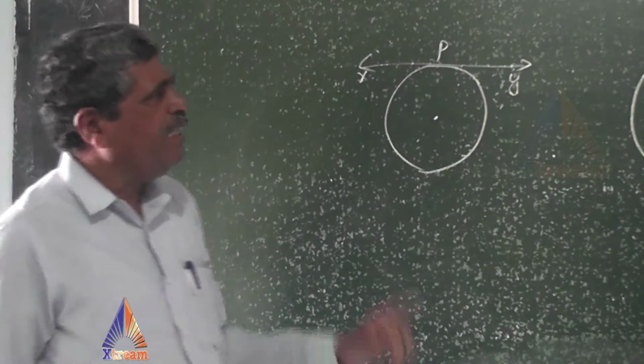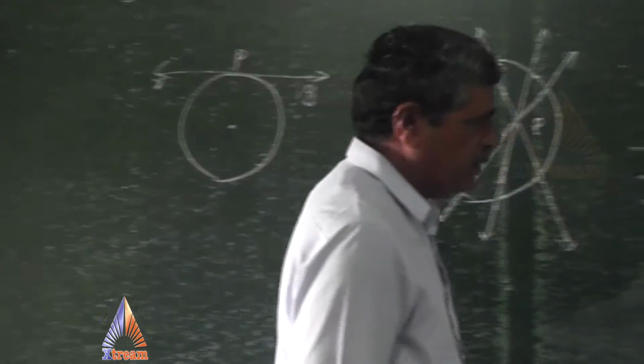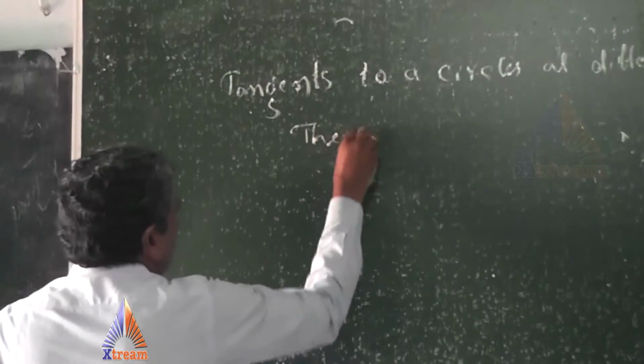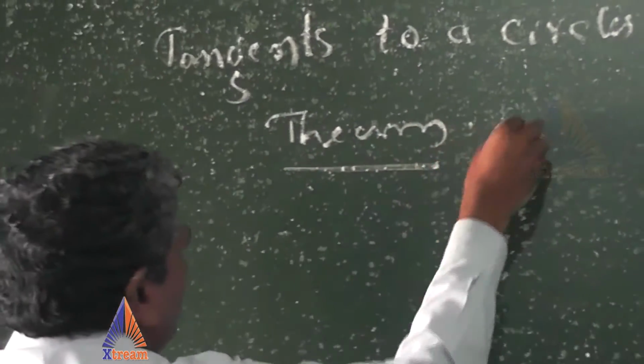Regarding the point outside the circle, there is one theorem that is important for the examination, a 3 marks 1 question. It relates to a point away from the circle; we can call it theorem number 1.